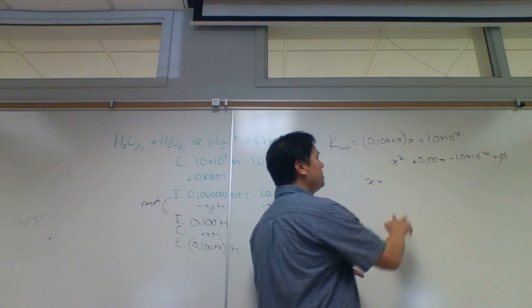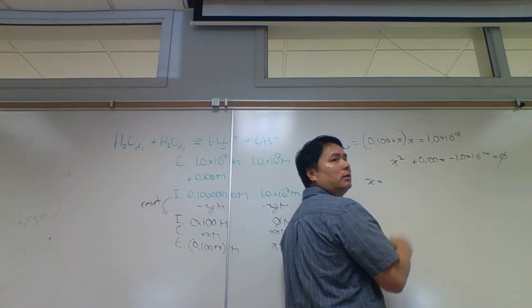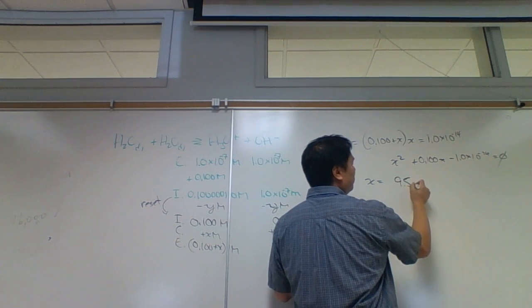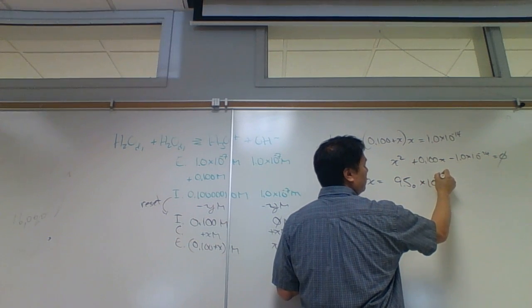Give me one more digit. Always give me one more digit than needed: 9.50 times 10 to the negative 14.